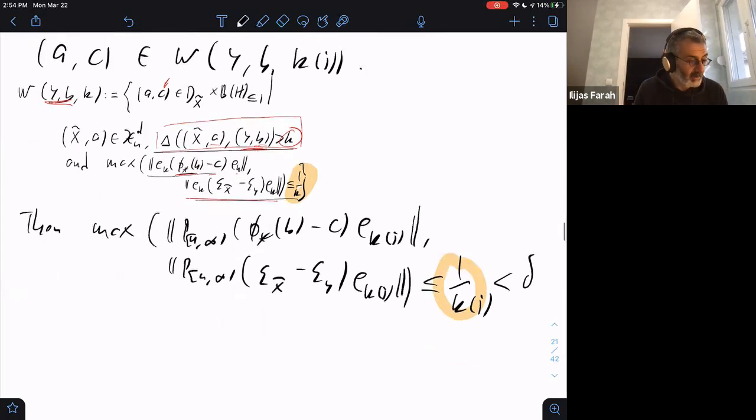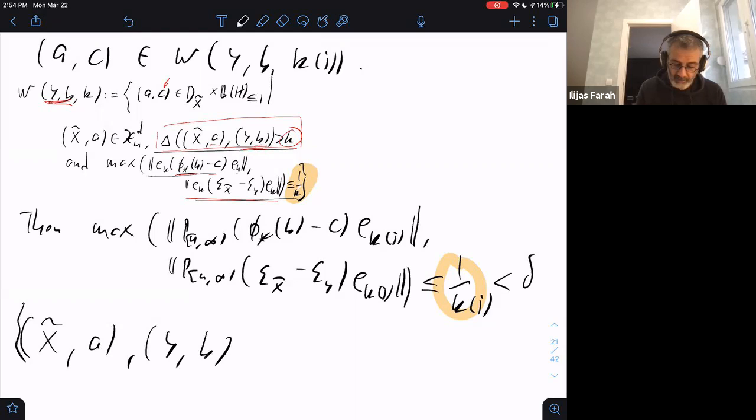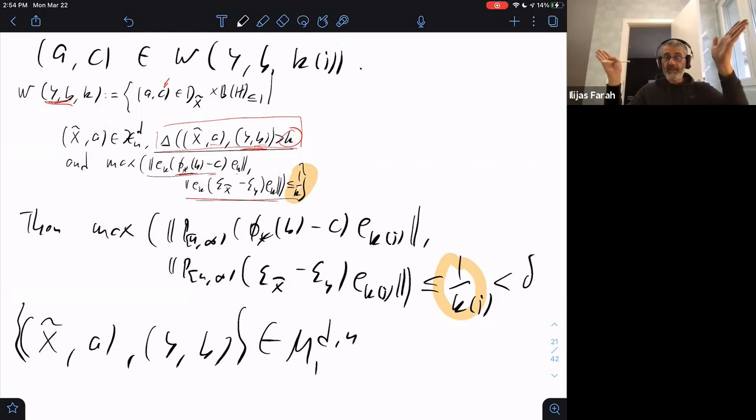Okay, now we use the homogeneity. We have that x tilde A and Y B belong to this color M1 dN. And now, why do they belong there? Remember that we had this disjunction of three conditions. First condition was that their branches are equal.